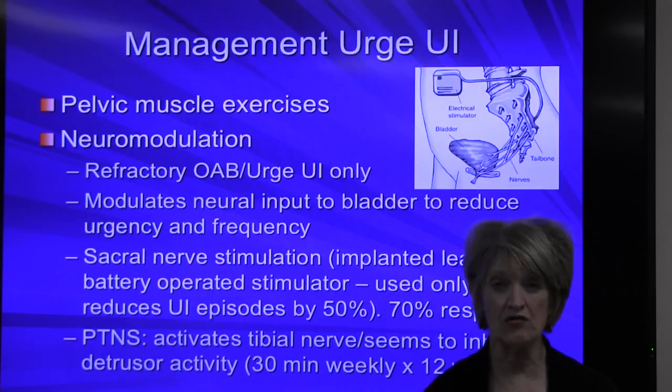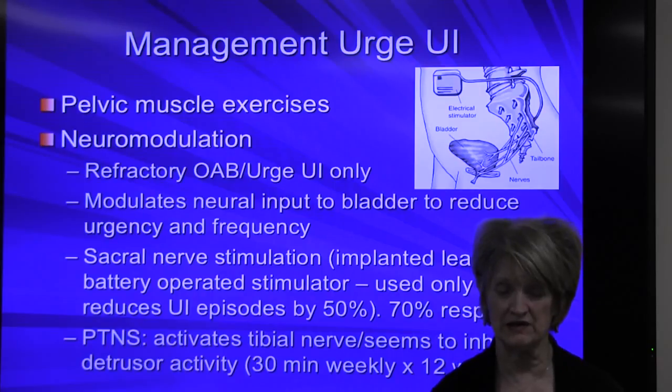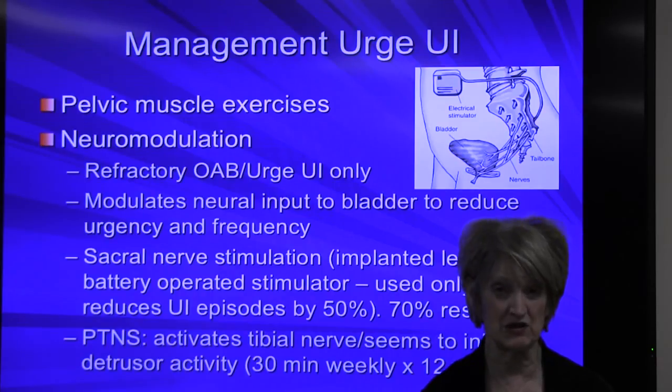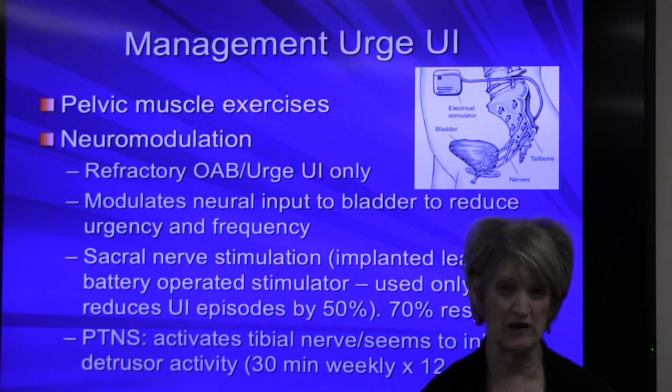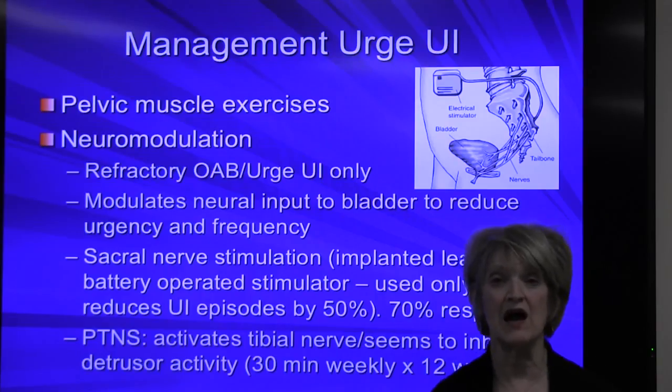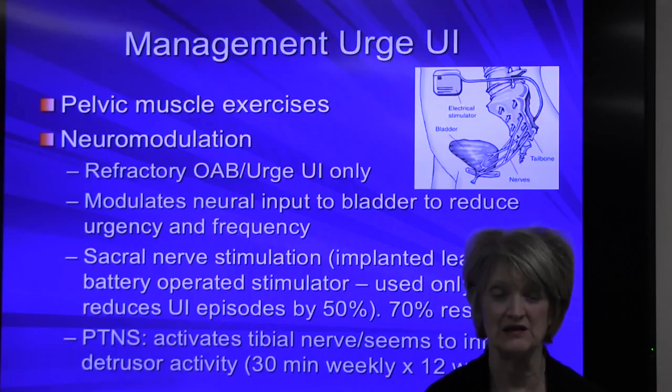And overall, looking at all the data available, there's a 70% response rate among individuals with refractory OAB. So do we need more data? Yes. But is this a reasonable alternative for people who have failed bladder retraining and the currently available medications? Yes.